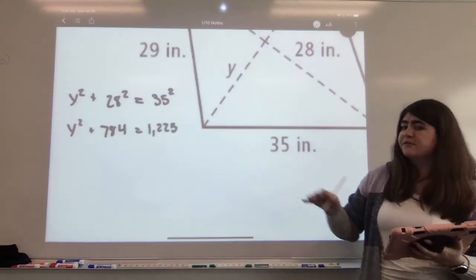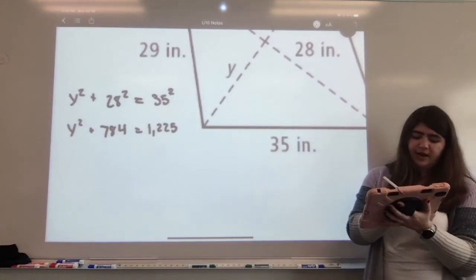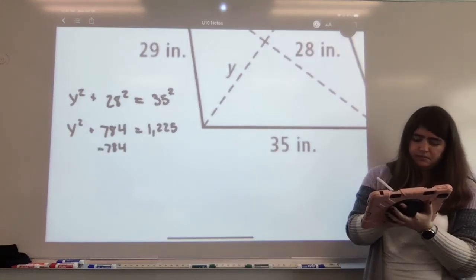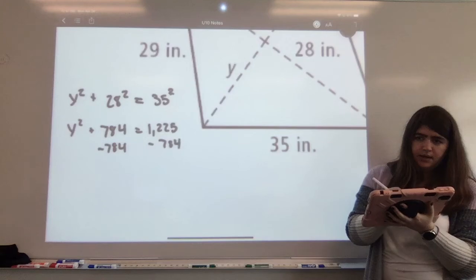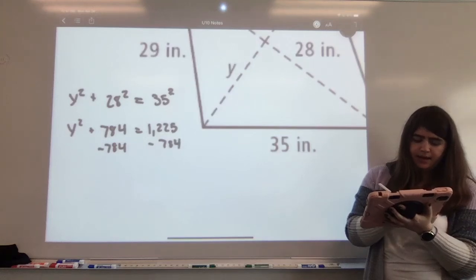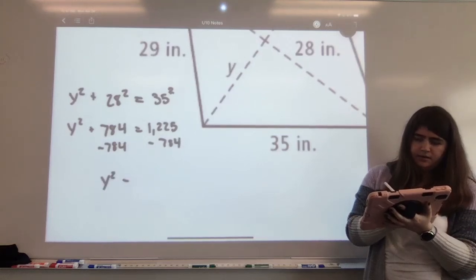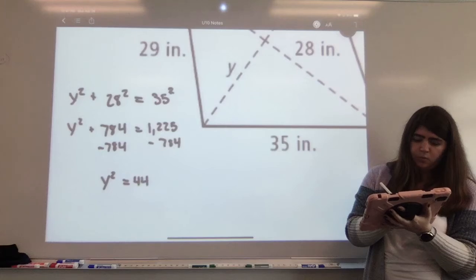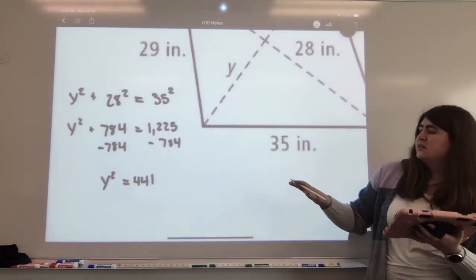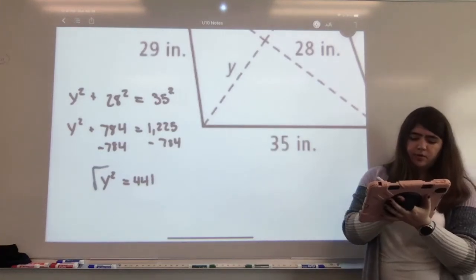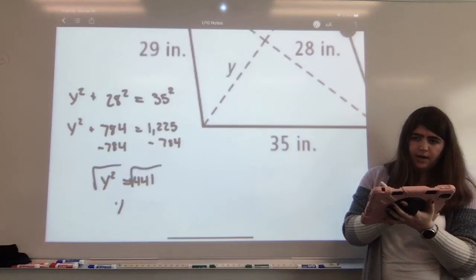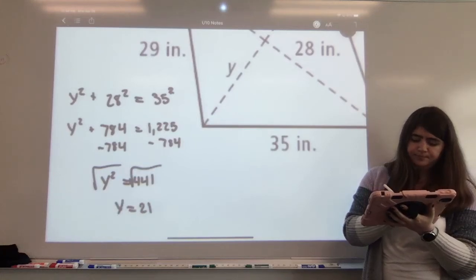Going to subtract 784 from both sides. And that gives me that I have y squared is equal to 441. I still need to get y by itself, so I'm going to square root both sides. That gives me that y is equal to 21.